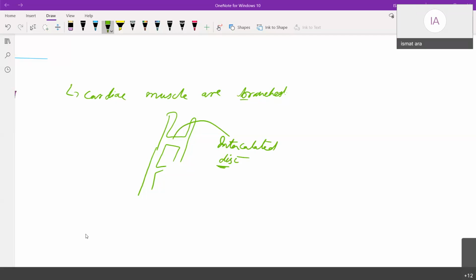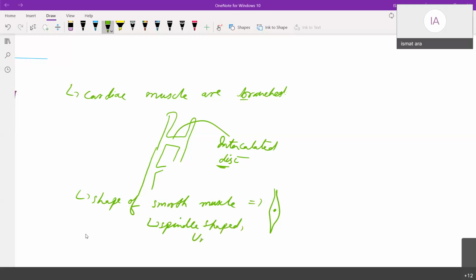Now, what is the shape of smooth muscle? Spindle shape. Fusiform. They are spindle shaped and they are uninucleated, isn't it? Yes, ma'am. Smooth muscle is spindle shaped and uninucleated.